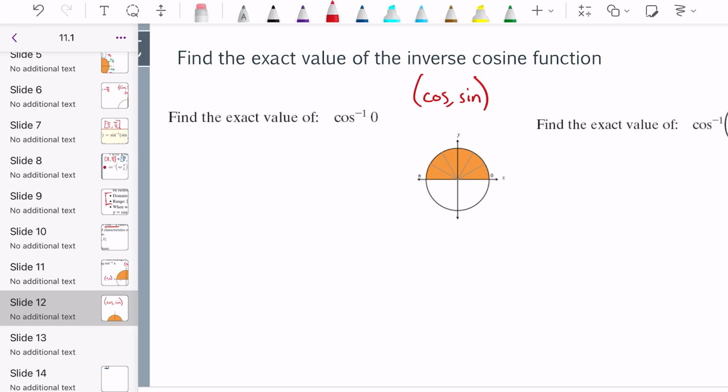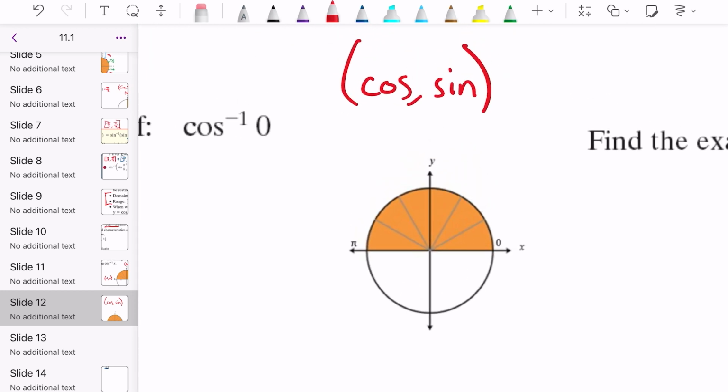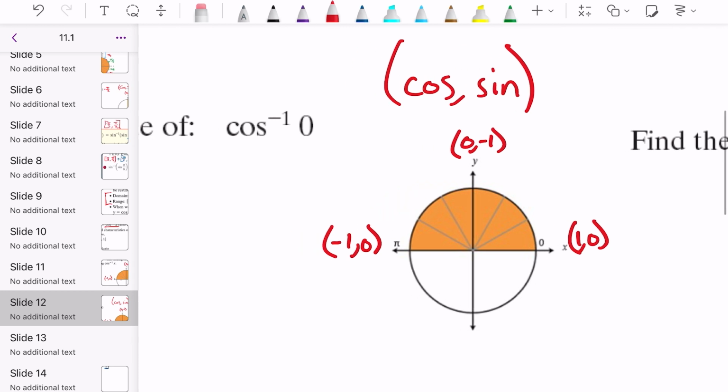In this case, as we start drawing out our values, notice we have (1, 0), (-1, 0), (0, -1). If we're taking a look at the inverse cosine, that would have to be at our 90-degree angle, which converts to pi over 2.